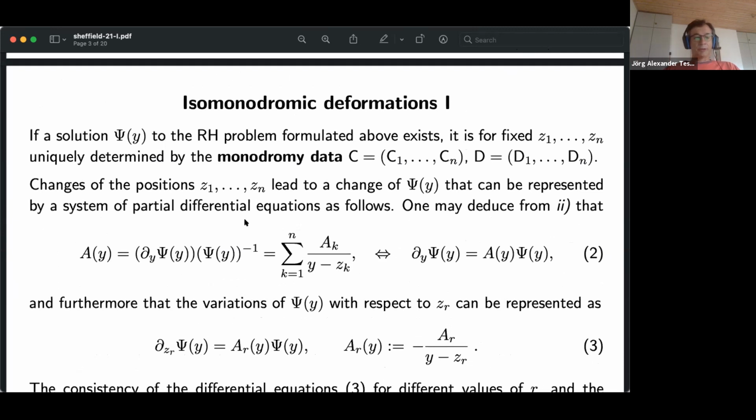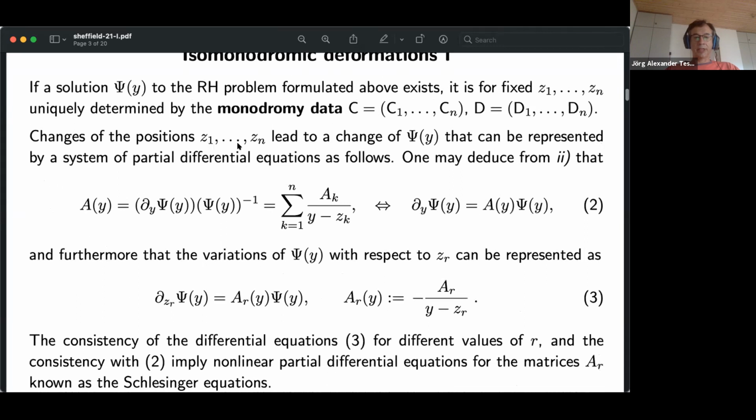So now, closely associated is the problem of isomonodromic deformations. Here it's isomonodromic deformations of first order matrix differential equations. And the way this is obtained from the solution of the Riemann-Hilbert problem is as follows. We fix the solution to the Riemann-Hilbert problem, and what we are going to ask then is a reformulation.